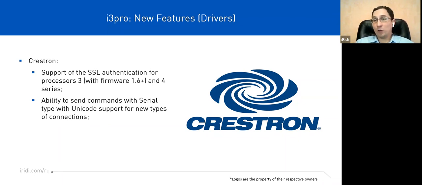And for now we have a lot of newbie Crestron integrators in our product, and we support new functions from Crestron for next-generation processors, and we support the authentication for new processors, and now the ability to send commands with a serial type with Unicode support for new types of connection.